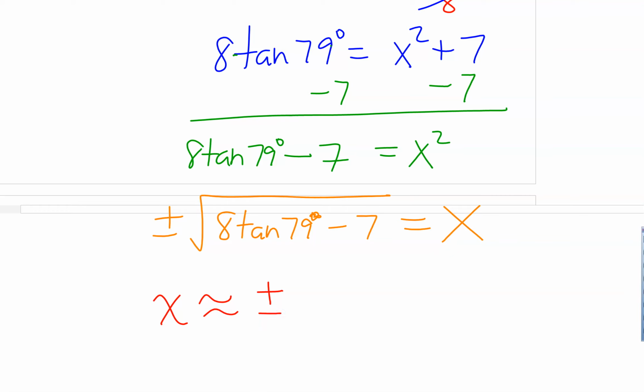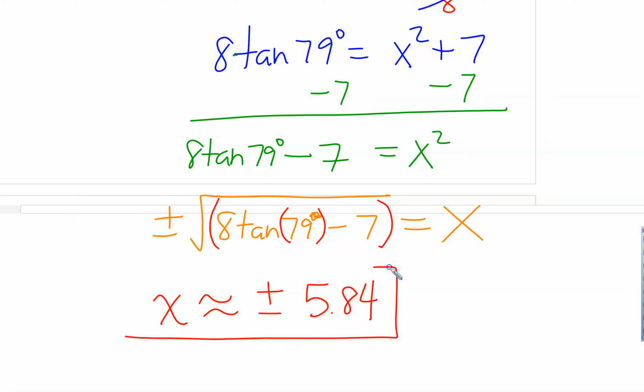Let's do that. So if you're not sure where to put parentheses, again, you need parentheses around the entire expression you're taking the square root of. And then for sine, cosine, and tangent, you need parentheses around your angle measure, like so. All right, so here we've got that x would be to the nearest hundredth about positive or negative 5.84. There we go.